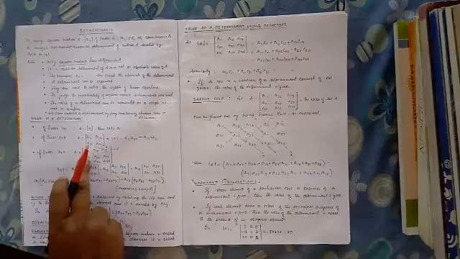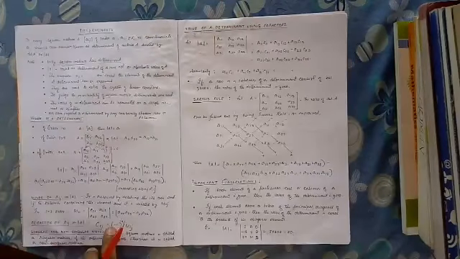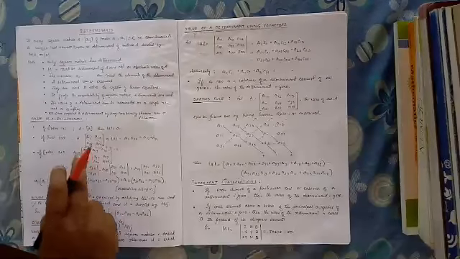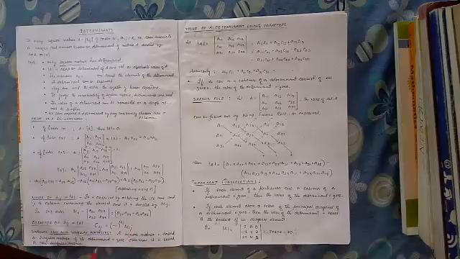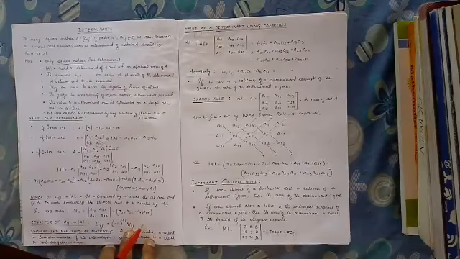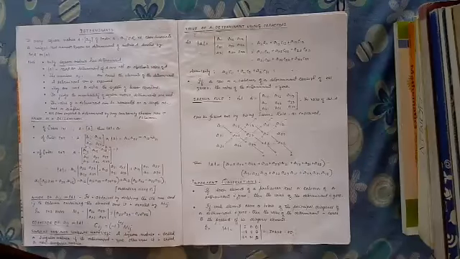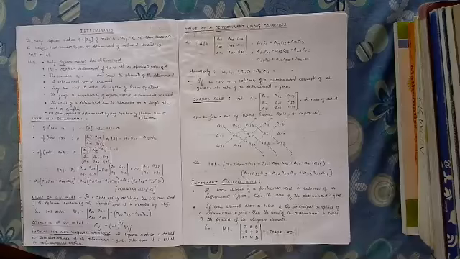The sign will be minus 1 to the power i plus j, where the element belongs to the ith row and jth column, times the minor Mij. If i plus j is odd, then it will be minus. And if i plus j is even, then it will be plus.